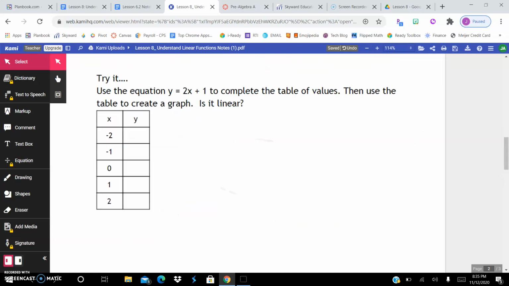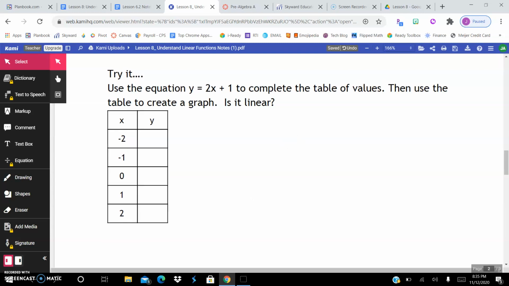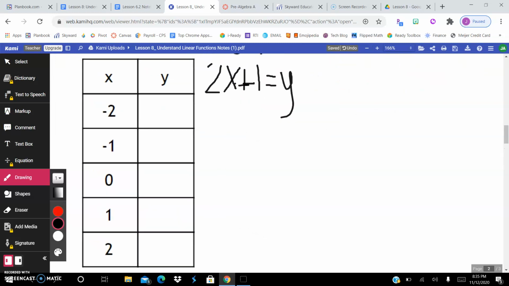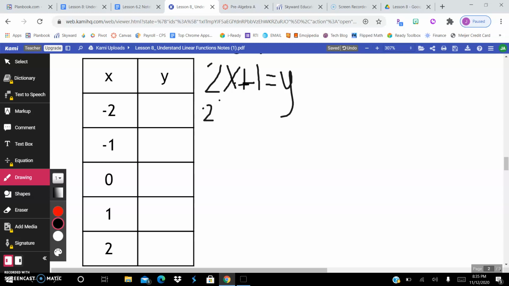All right, for this one, we're going to use the equation 2x plus 1 equals our y to complete this table. So for the first one, we're going to have to do 2 times -2, which would be -4. -4 plus 1 would be -3.